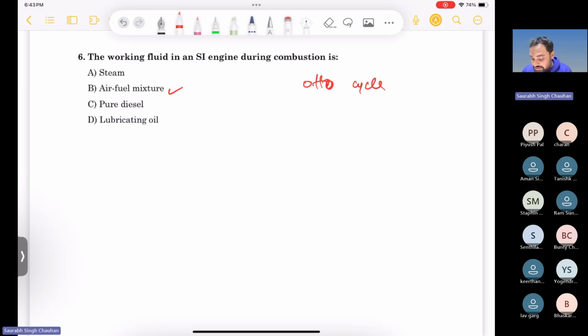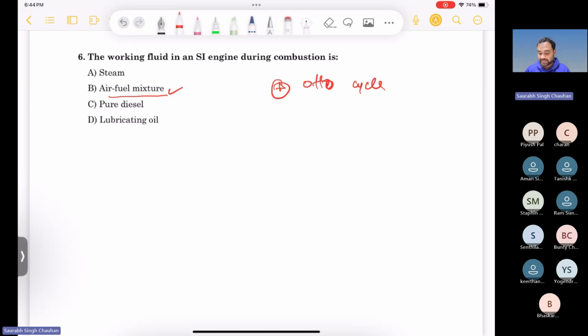The Otto cycle is an air standard cycle, and in an air standard cycle you assume that air is the working fluid. You also assume that air is an ideal gas and the properties of the ideal gas are constant at all temperatures. But in an SI engine the working fluid is air fuel mixture. So the Otto cycle does not exactly represent this SI engine.